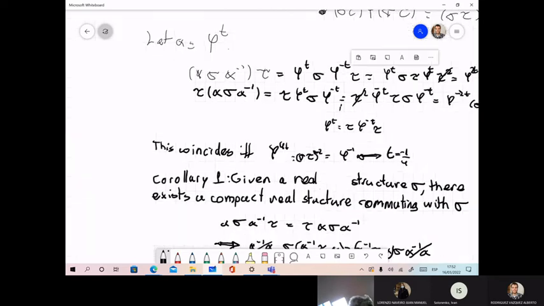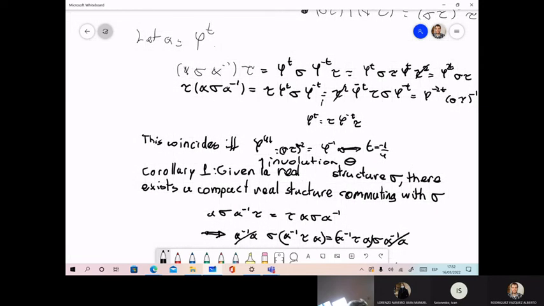And we have the same corollary here, that given an involution, we can always construct a compact real structure commuting with it.